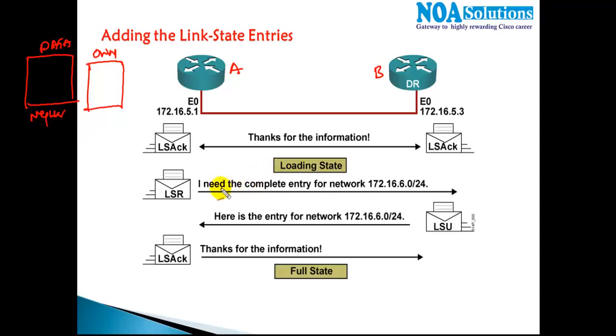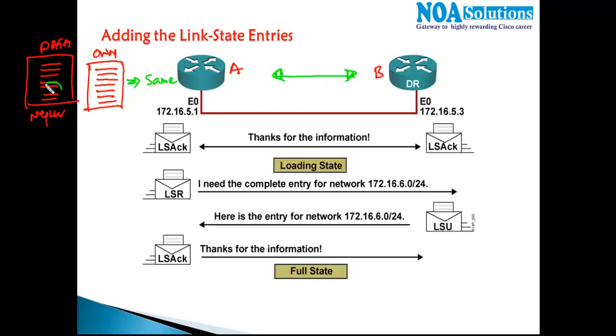Exchange state. Now my router is going to compare my own database with the neighbor's summary of the link state database that I received in the previous stage. It ensures that both are the same, because as we have seen, the OSPF database must be the same on all the routers. So both neighbors will check with each other that we must have the same synchronized database.